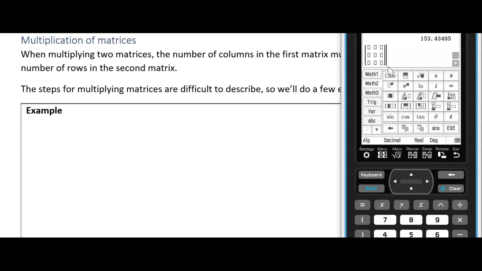Just make sure you've got a number in each spot. You use your cursor or your stylus to press in the spot. So you can have 4, 5, 3, 1, etc. If you don't have a number in there, it's going to give you an error. So just remember you need a number in each spot.